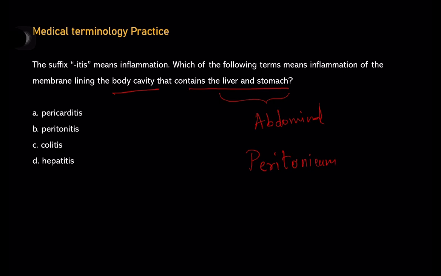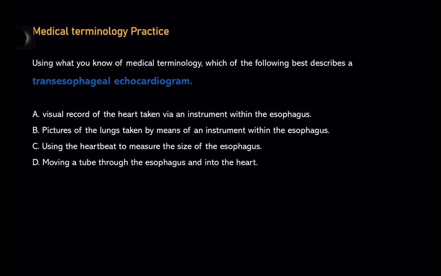So inflammation of the peritoneum, what do you think that would be called? Is it pericarditis? We know card refers to the heart, so it's definitely not this. Peritonitis. We definitely see here that the answer is peritonitis. Itis here refers to inflammation. Peritoneum is simply the membrane of the abdominal body cavity. So this is how you break down the word to get to its meaning.